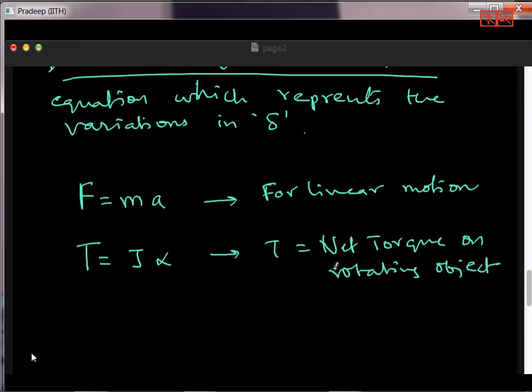So what is J? J is called the moment of inertia, and alpha is called the angular acceleration.